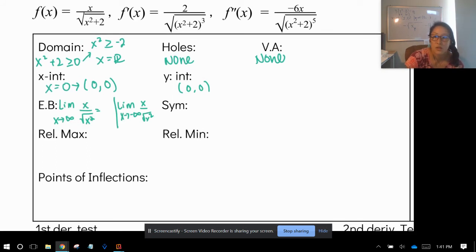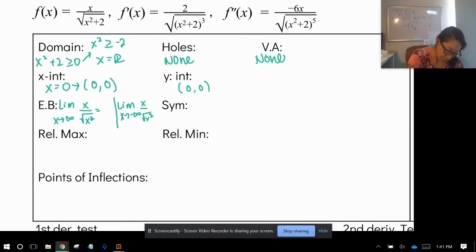End behaviors are tricky on this one. We have x over the square root of x squared, which is basically x over x. But I have to be careful because this function does have the same power, but the end behaviors go to different numbers.